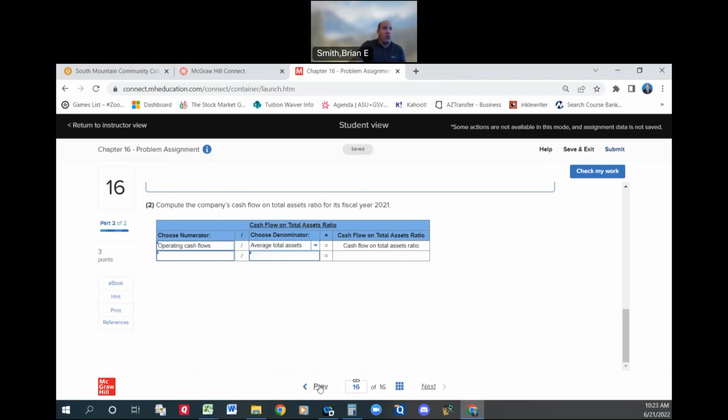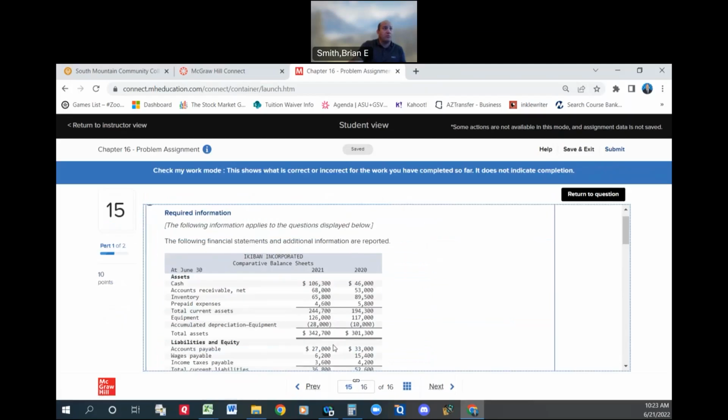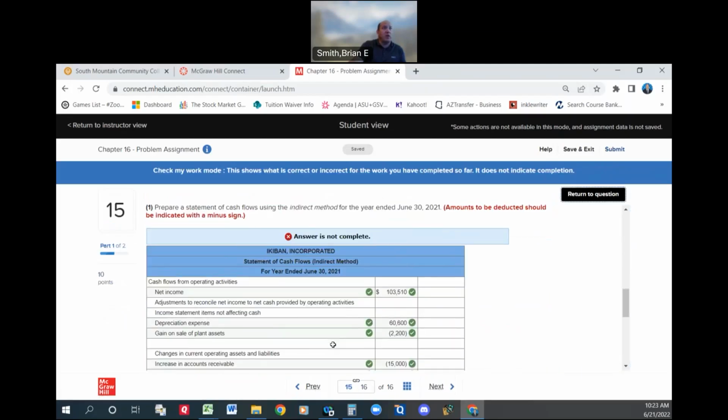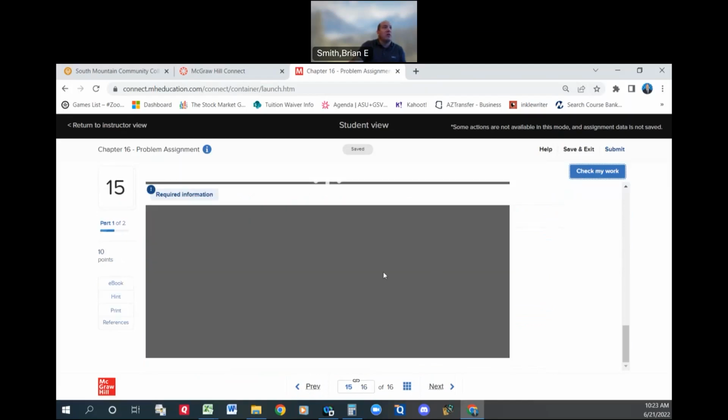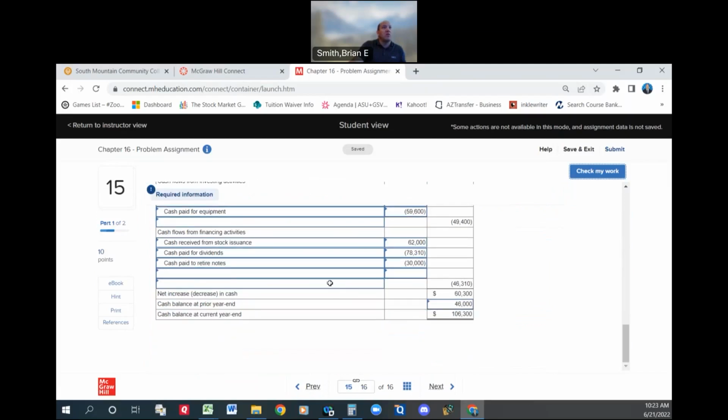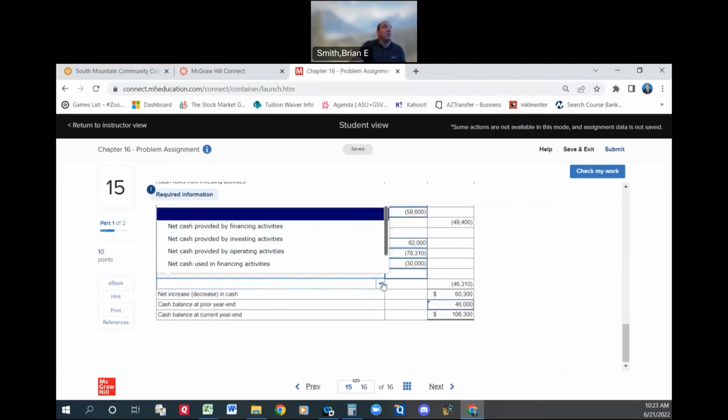So what we need to do is go back to our answer here. I think that's why it's not complete, unless I missed a header. Oh, I did. I missed a header right here.